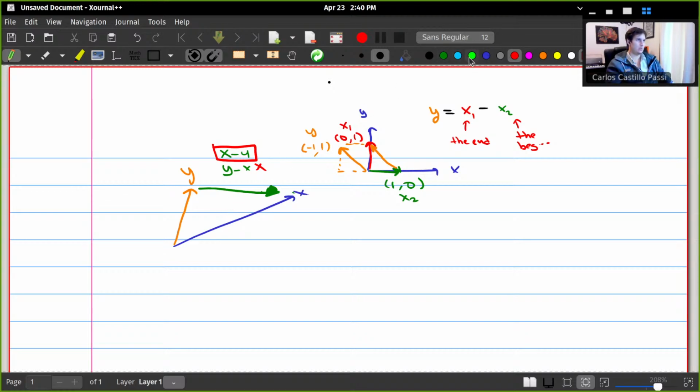If instead we would want to obtain the vector pointing the other way around, then this is y minus x. This is x minus y. Okay, so this is a little bit of an introduction to vector addition and subtraction, and how to interpret a vector that is going from one to the other, because the arrow matters.